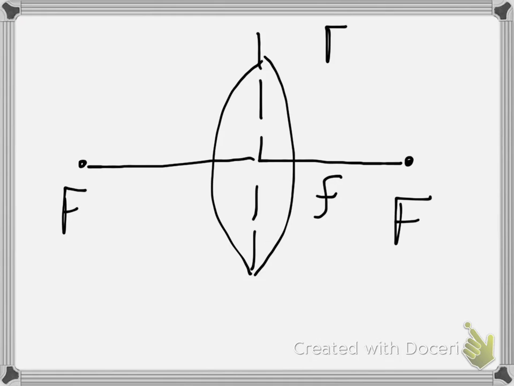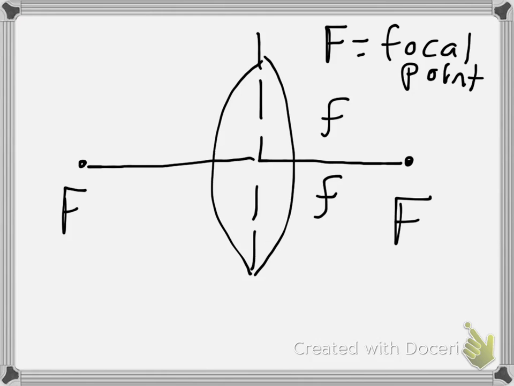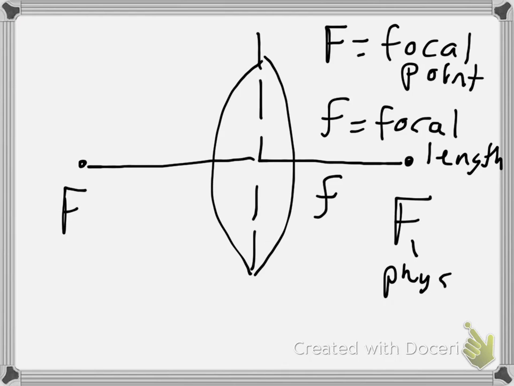So capital F is the focal point, and little f is the focal length, which is just the distance from the axis to the focal point. So capital F is a physical point in space, and little f is a length.